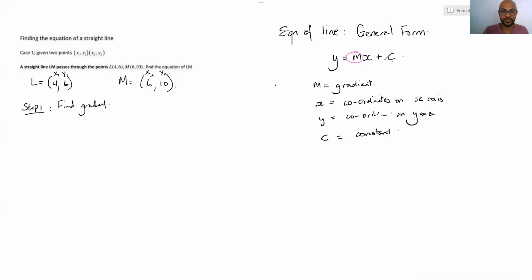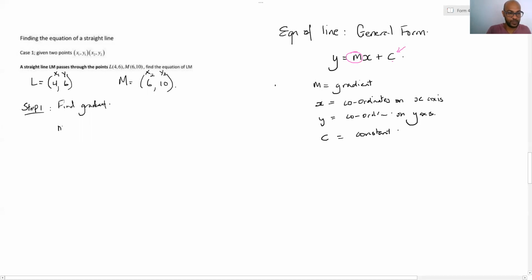X and y is fine because we have an x and a y here. We could simply plug in 4 as x and 6 as y, and if we know our gradient, we could find the c value. But we don't know the gradient, so we can't get to this general form of the equation of a line until we know what the gradient is.